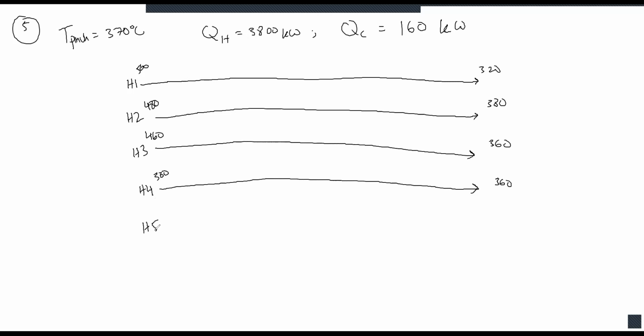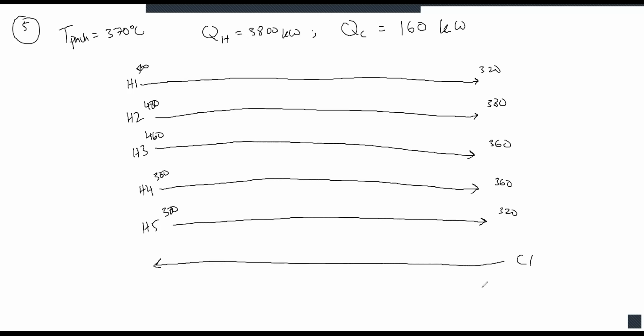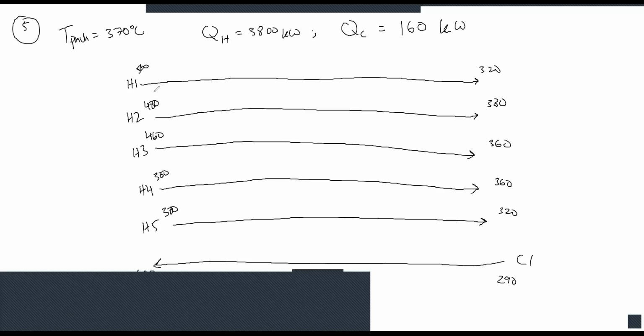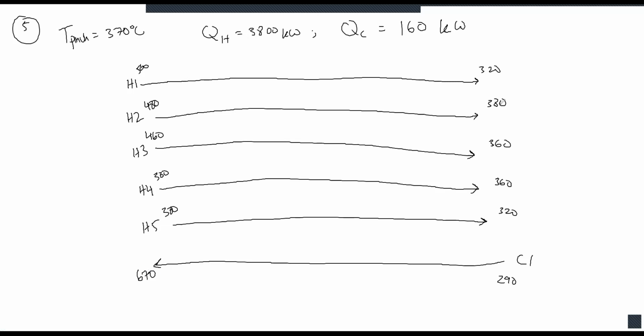H5 is going from 380 to 320. And there's finally C1, the only cold stream here, going from 290 to 670. Okay, so these are all our temperatures. So this is 500, 480, 460, 380, 380, and then 320, 380, 360, 360, 320. Right? Okay, good.